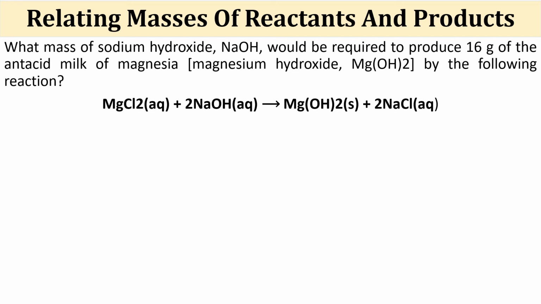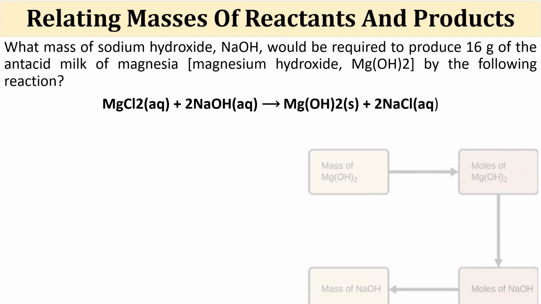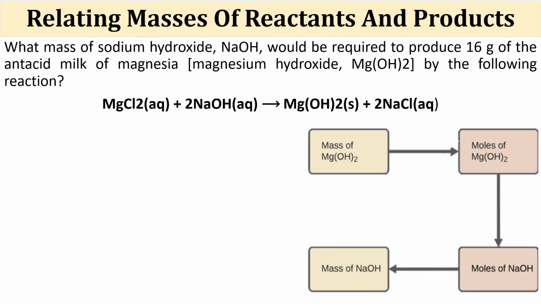So what we're going to do is, in the first step, take the mass of magnesium hydroxide and times it with the molar mass to get the moles of magnesium hydroxide.